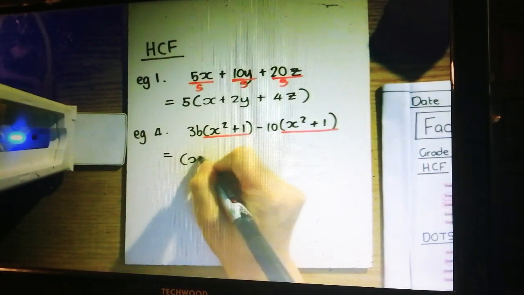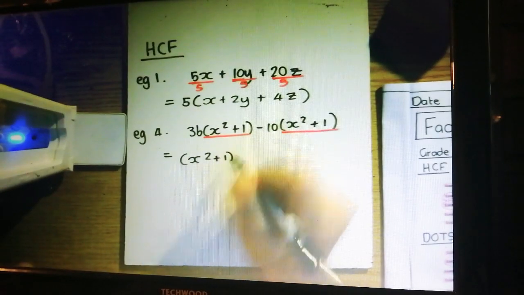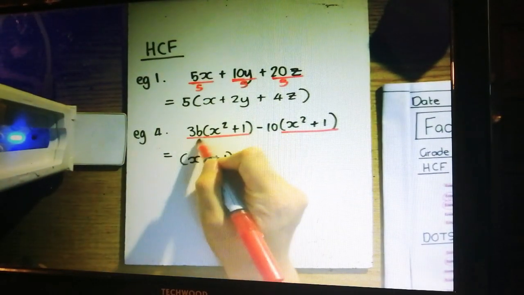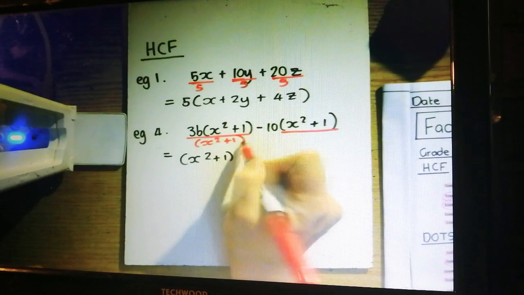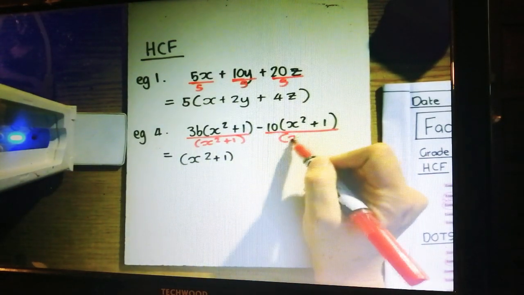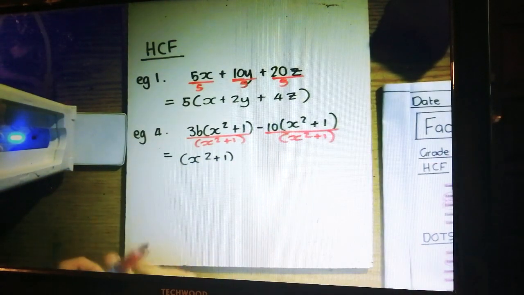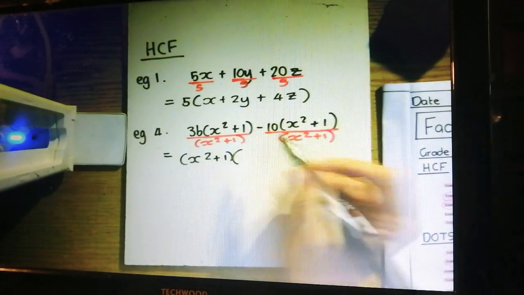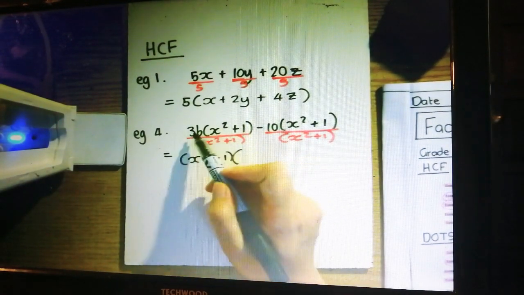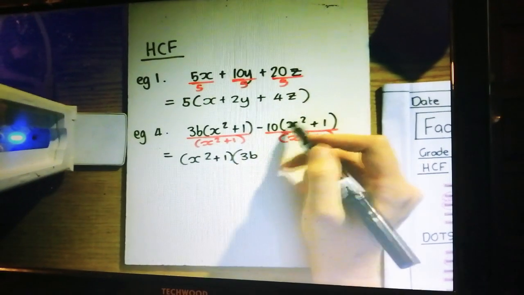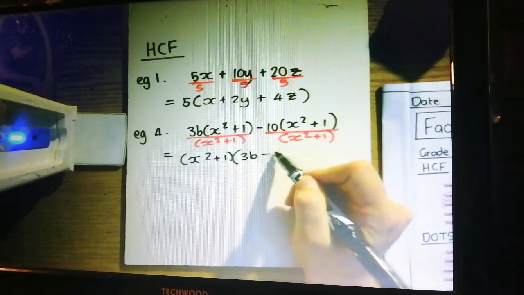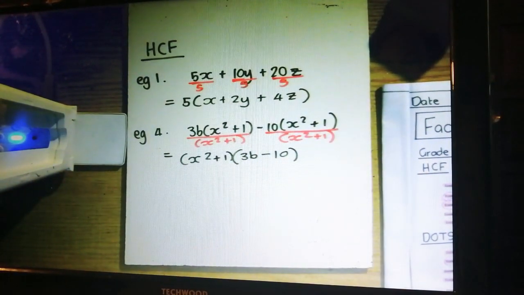So I take out the common bracket, meaning I divide each term by the bracket. Okay, and what am I left with? On this side, if I take that out, I'm left with 3b. And on this side, what am I left with? If I take it out, minus 10.